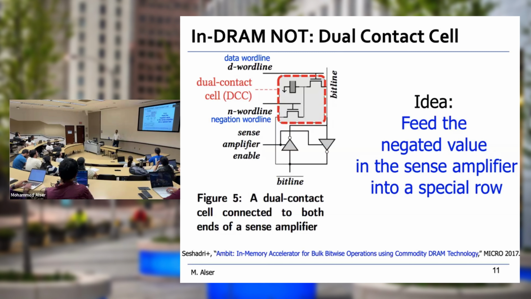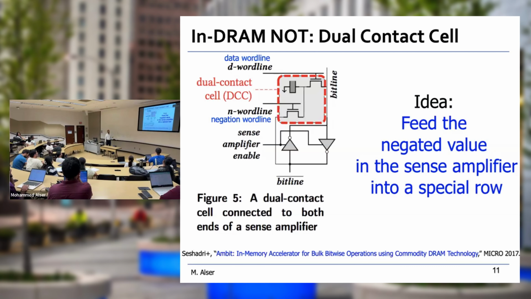However, we don't have any control over where to read. The only way we can read is before the inverter, which goes to the column decoder, so we can read which column is coming from the row, right? This is what we have. We don't have any access to the value over there, for example, after the inverter. So how are we going to take the negation of the value already in the sense amplifier?